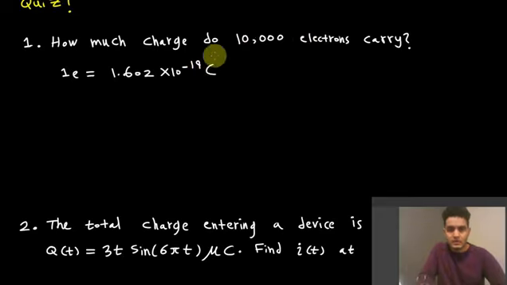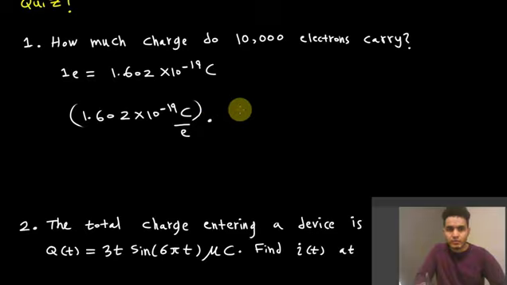Now, for finding the charge that this many electrons carry, that is a matter of using dimensional analysis and just a conceptual understanding of what is going on. So we have this many coulombs per electron, and you're going to multiply that by the number of electrons. The electrons will cancel, and you're going to have this many coulombs for the 10,000.